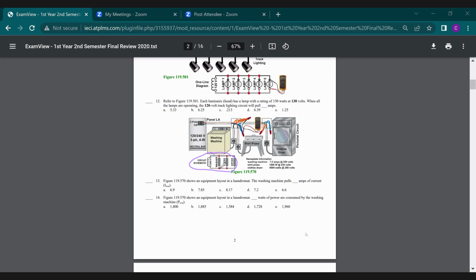Because it's in parallel, we know that the E total equals E1 equals E2, and they give us that voltage of 240. Because we have that, we just need to find the washing machine resistance, and then we can figure out both of these questions here.